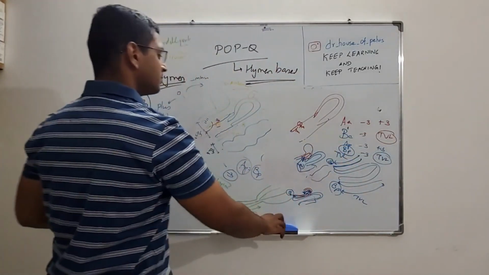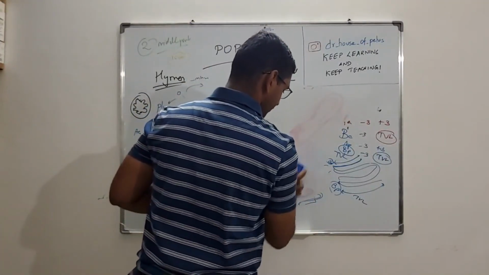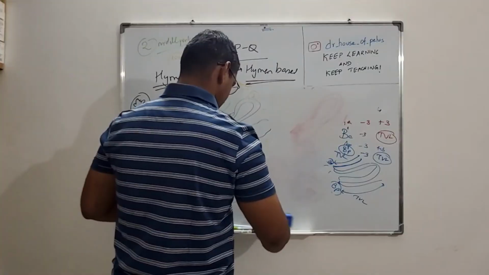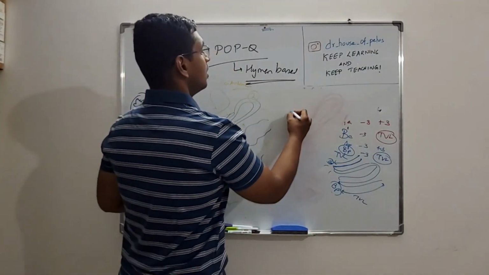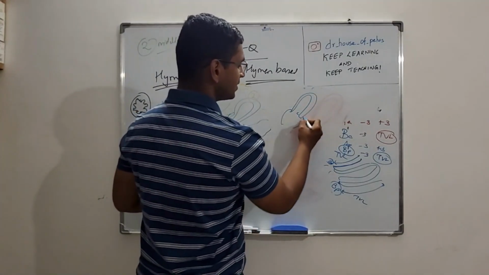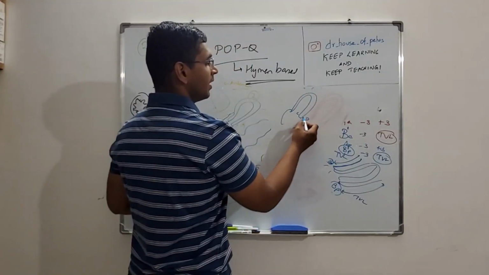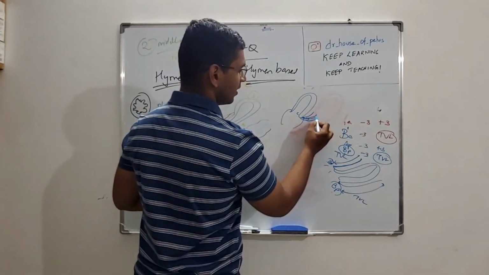Great. Now comes point C and point D. So that's the beauty of prolapse now. The points C and D tell about the apical segment. So point C is here, point D is here. Whenever something happens in point D, the gut starts coming out of this area.